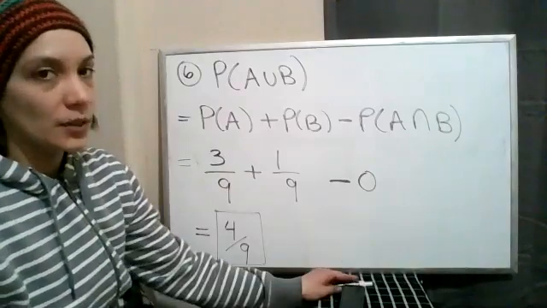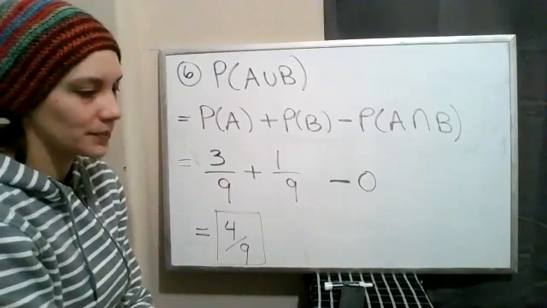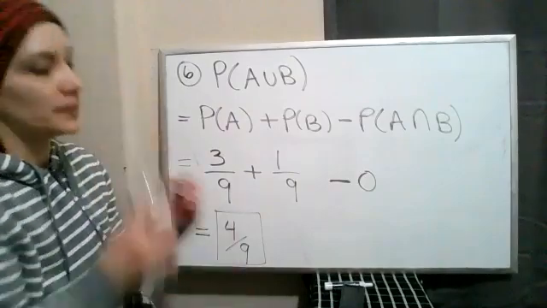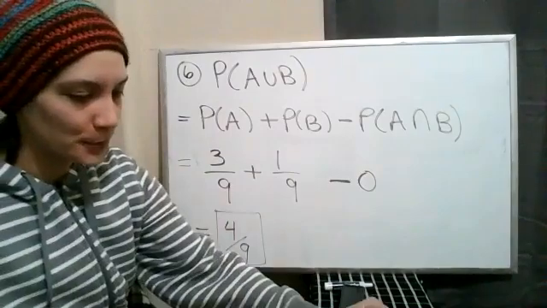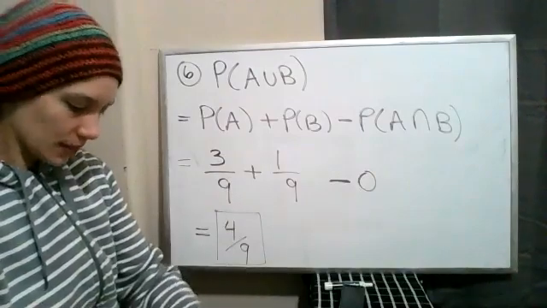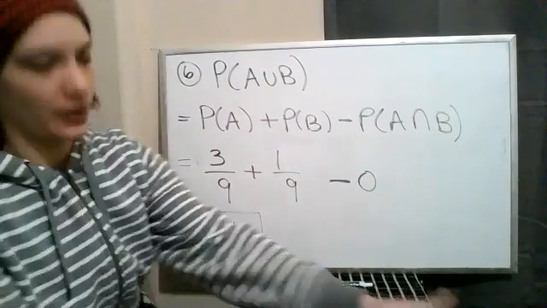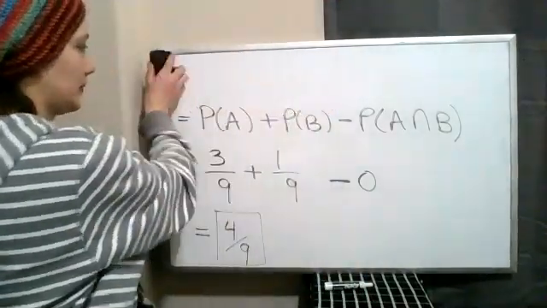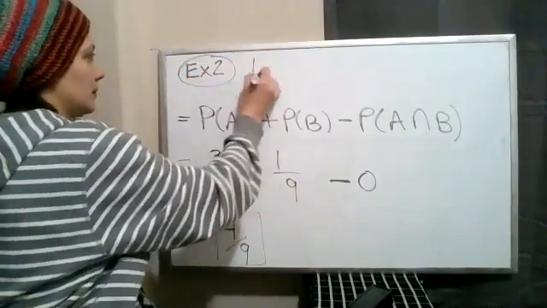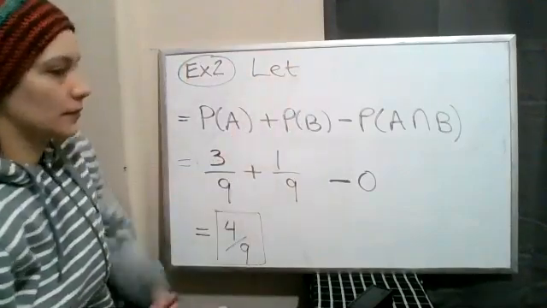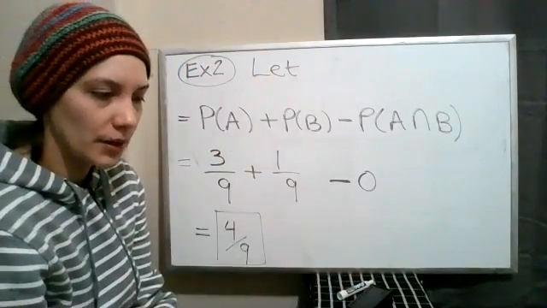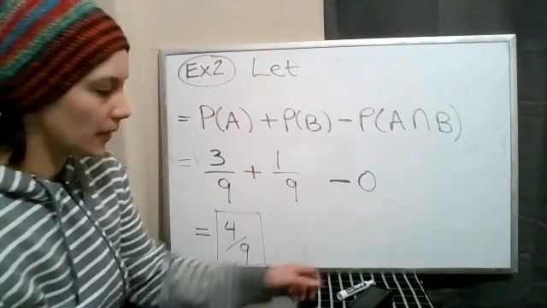Okay, so we're going to create a new sample space and go through all the same steps. So this set starts with 0 and then goes up to 9. So 0, 1, 2, 3, 4, 5, 6, 7, 8, 9.